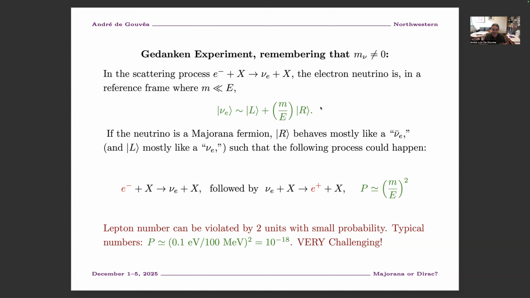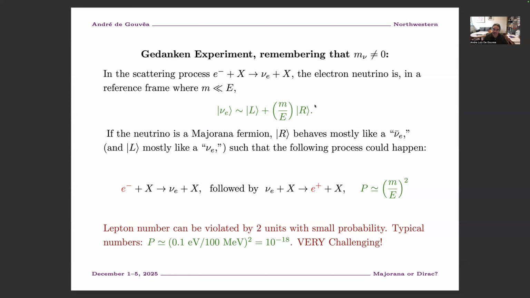If the neutrino is a Dirac fermion, this right-handed helicity object here is what we would call a right-handed neutrino. And it turns out that a right-handed neutrino doesn't participate in the weak interactions. So that means it doesn't do anything. It means that your total rate would be a little bit smaller than you would have naively anticipated.